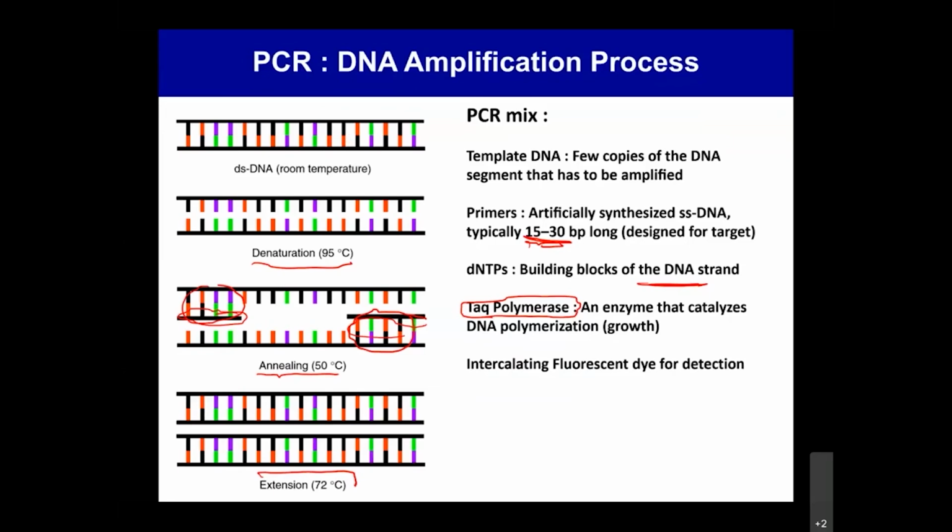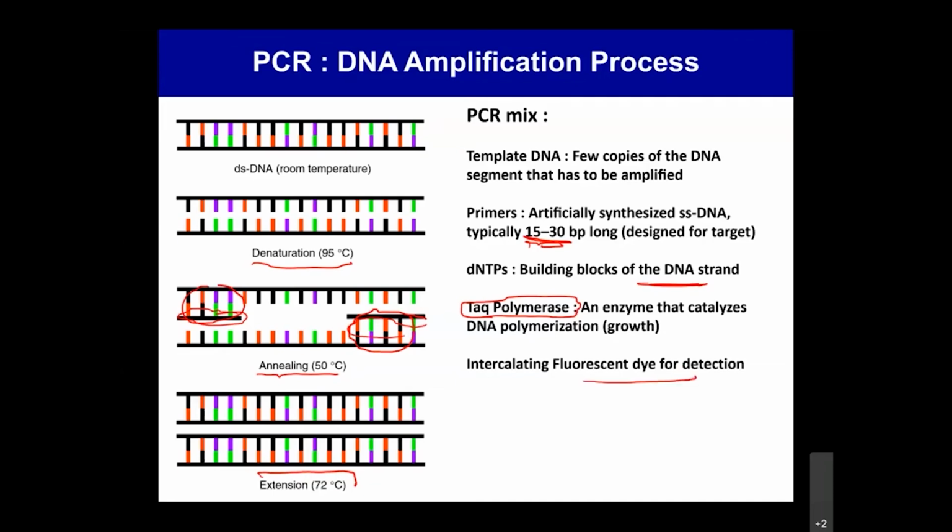So in each cycle, you are doubling the number. One becomes two, right? Now, how do you detect? Of course, there's the DNA. And the detection is typically done by adding another content, which is a dye, which is a fluorescent dye. It's actually called an intercalating dye.